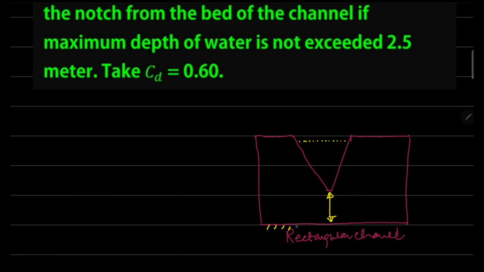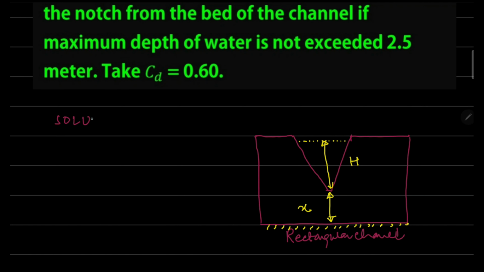So this is the channel bed, and let's say this height is x, and above the apex water is flowing, and let's say the height above the crest of the weir is h. In this problem, the maximum depth should not exceed 2.5 meters.